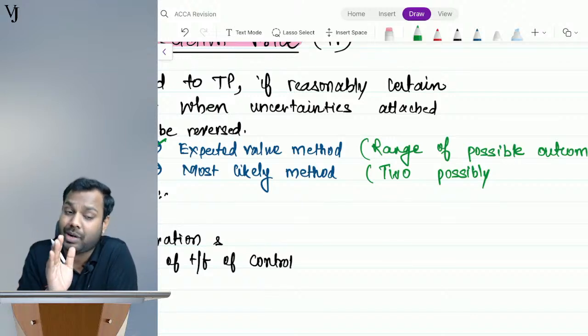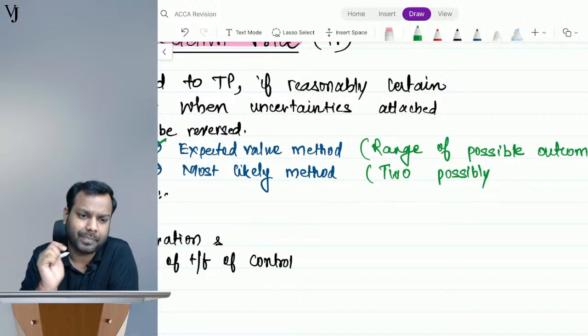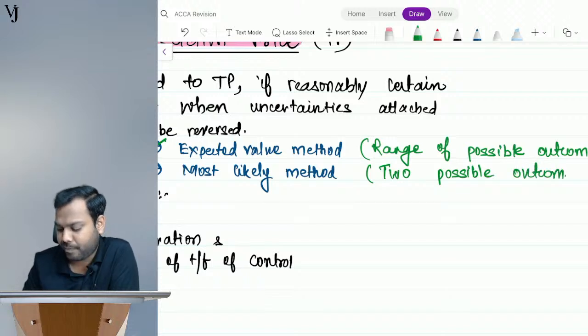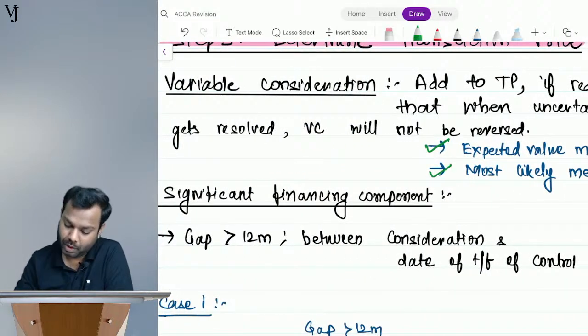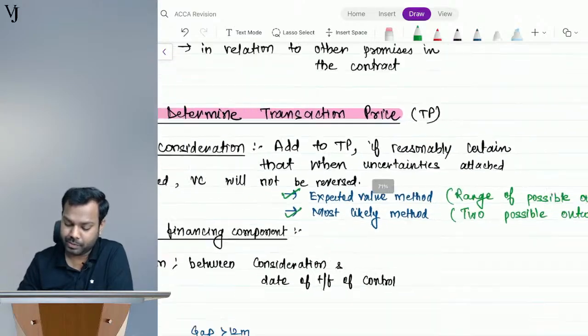It can get reversed. But just assess whether you are sure or not. I hope you are understanding these points, guys.